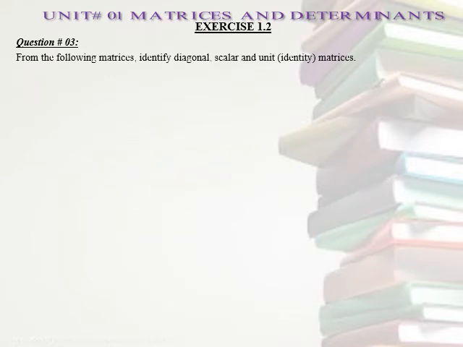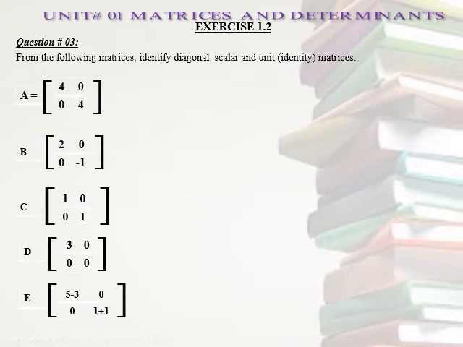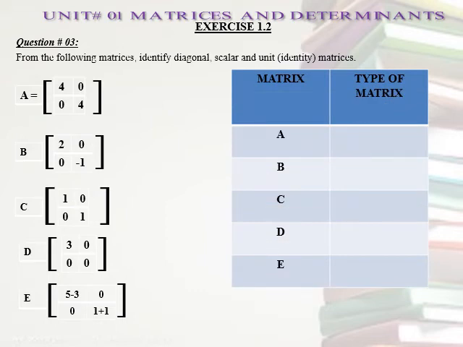Here is question number 3 of exercise 1.2, that is, from the following matrices, identify diagonal, scalar and unit matrices. These are all the matrices given in your exercise. I am doing the first one for you. Is it a diagonal matrix?